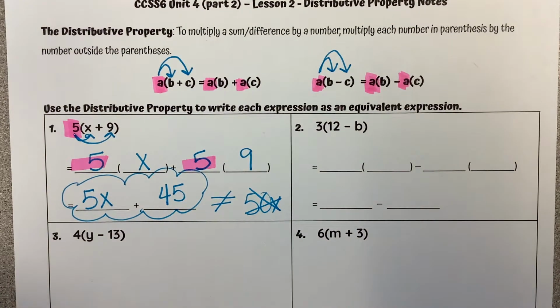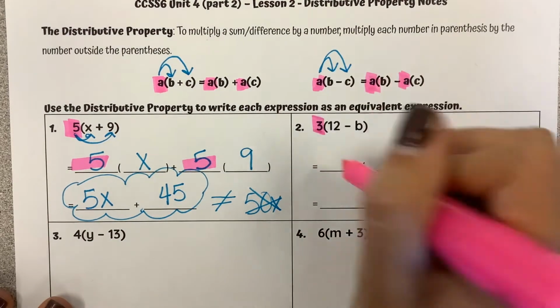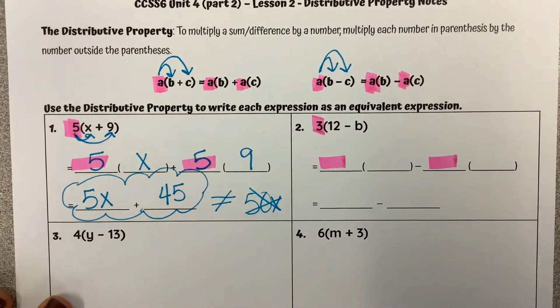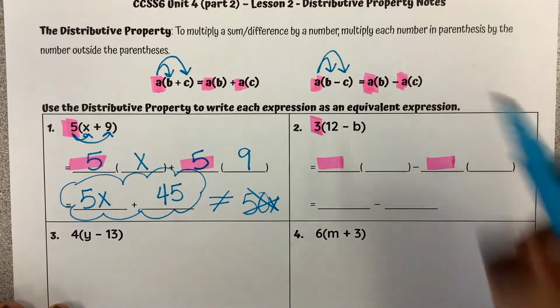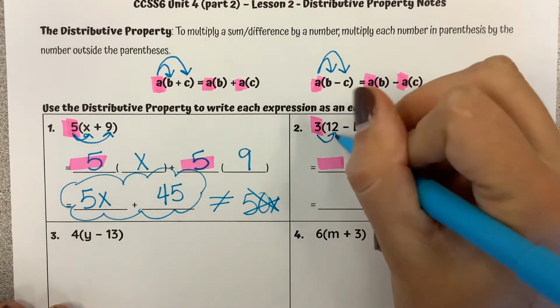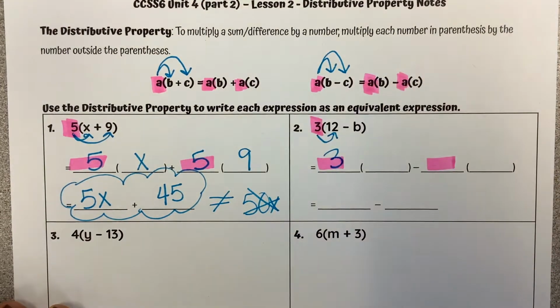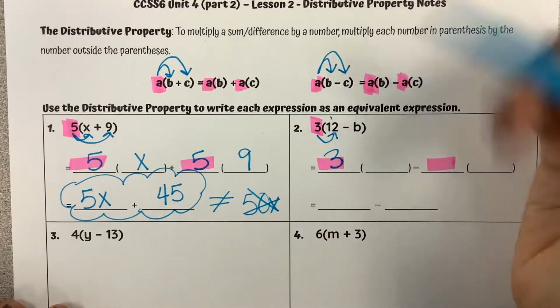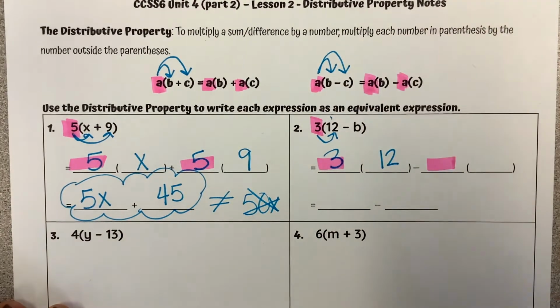Okay, number 2. I'm going to highlight my number on the outside of the parentheses. I know I'm applying that to both numbers. So I'm taking 3, and I'm going to multiply it by the first term, which is 12.